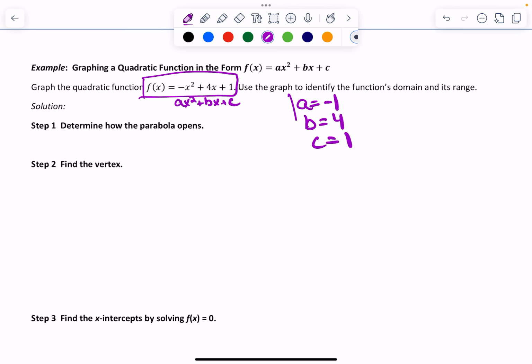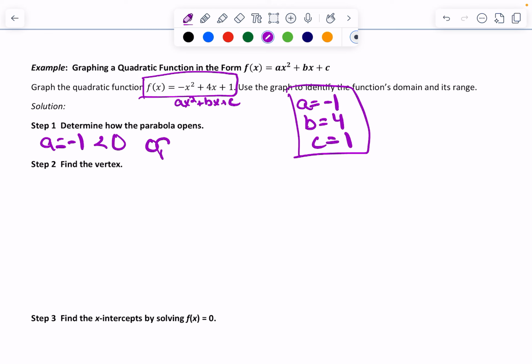So if we look at these here, our a is -1, which means that it is less than 0. So that means that it opens downward. So sketching it looks like this.